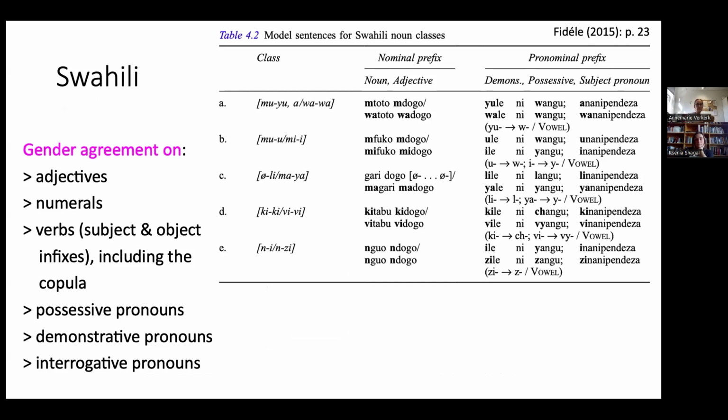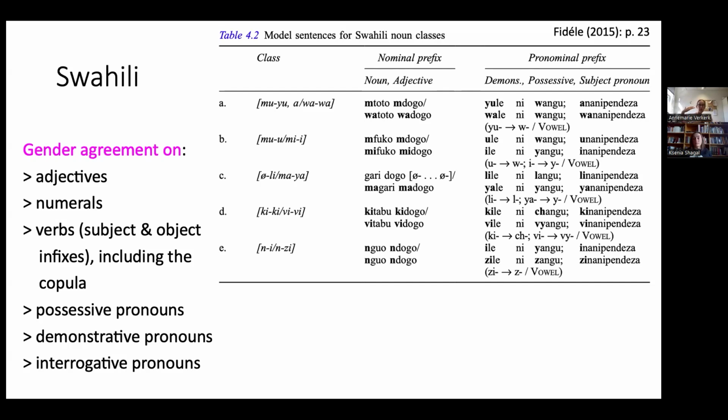So here, again, we have the class. This is marked here with, so these are the singular forms, these are the plural forms, and these form one class. And we have gender agreement in Swahili on adjectives, numerals, verbs, including the copula, possessive pronouns, demonstrative pronouns, interrogative pronouns.